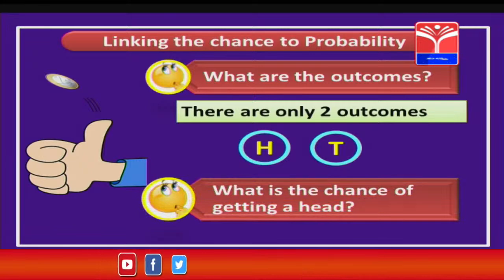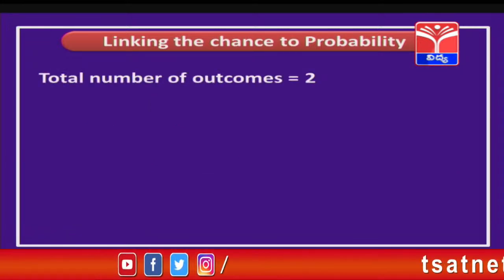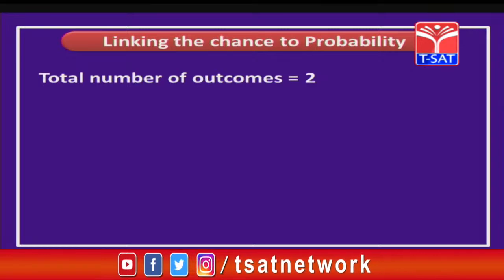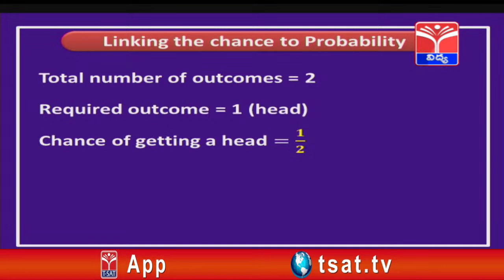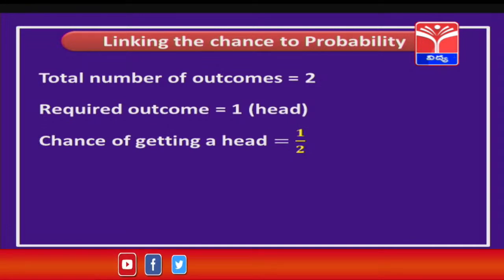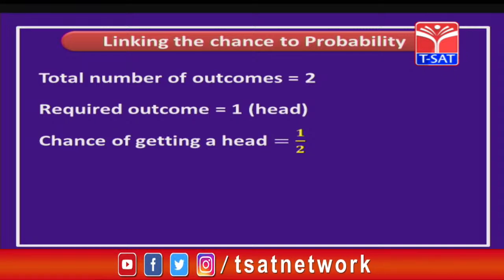The total number of outcomes is 2, that is head or tail. The required outcome is a head, that means only 1. So the chance of getting a head is 1 out of 2. One outcome is needed out of the total outcomes, so that is 1 by 2.